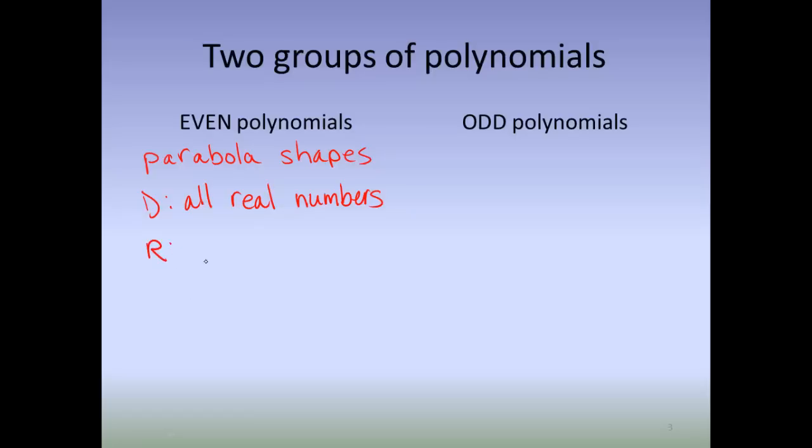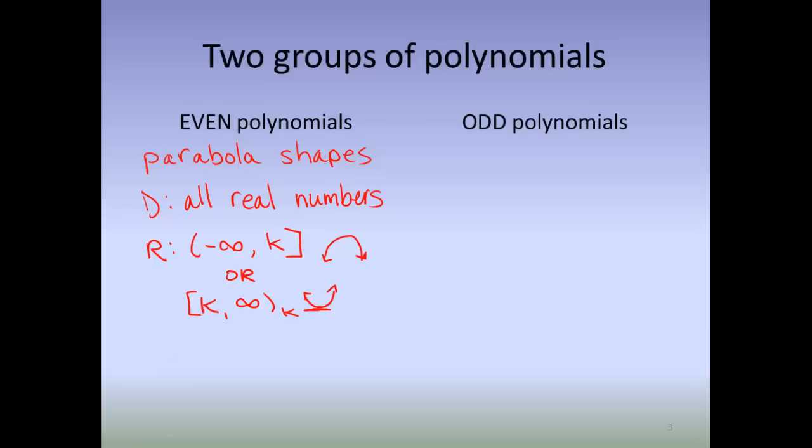And their range is either going to be negative infinity to some value, k, and we don't know what that is just yet, and that's if the parabola shape is going down, or it's going to have a range starting at some value k and going up to infinity, if the parabola shape opens up. The exponents on even polynomials are going to be even.